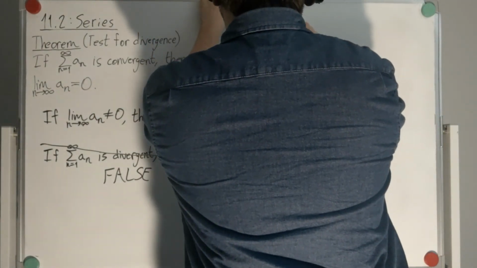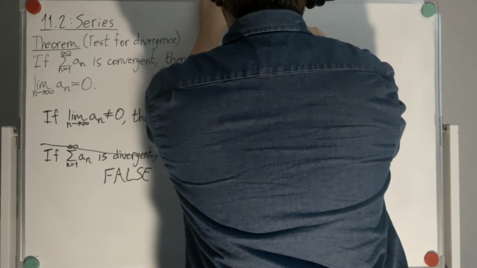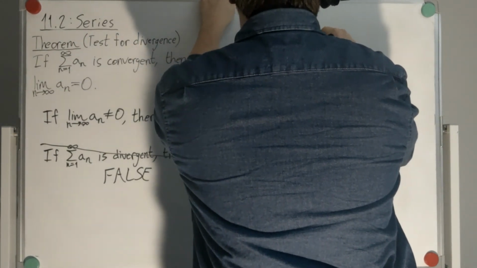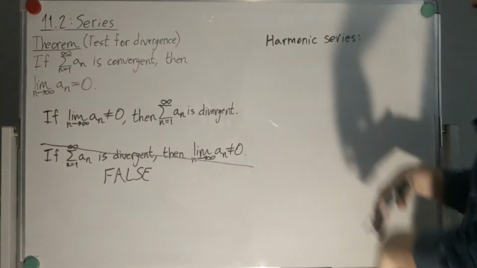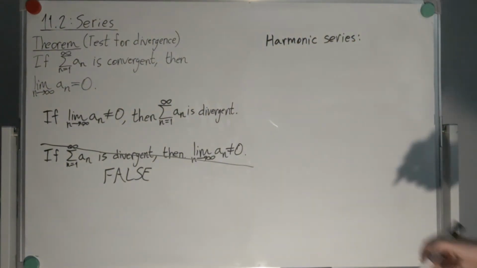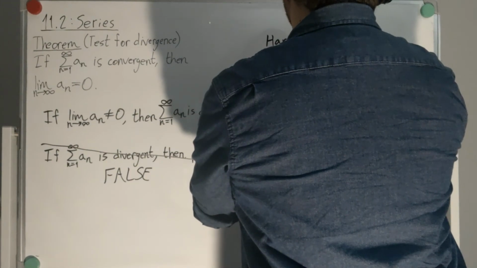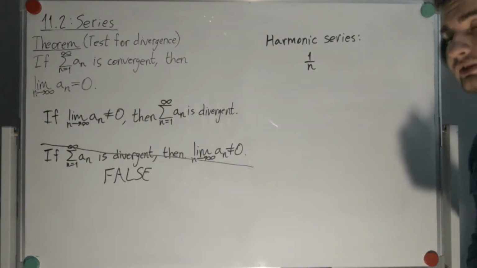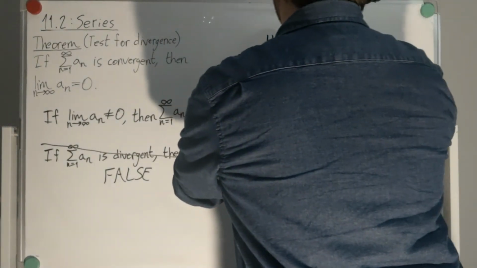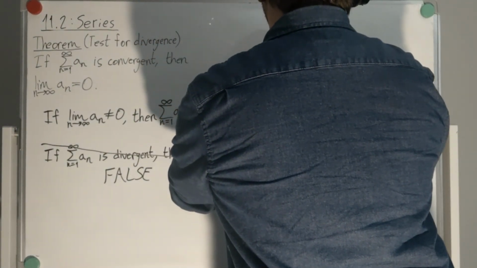For example, the harmonic series. We talked last lecture about the harmonic sequence. I just mentioned it. It was the sequence of 1 over n, right? As n goes through all the positive integers. Yeah, the harmonic series is just, take all those and add them up.